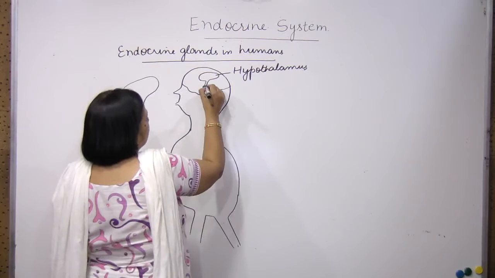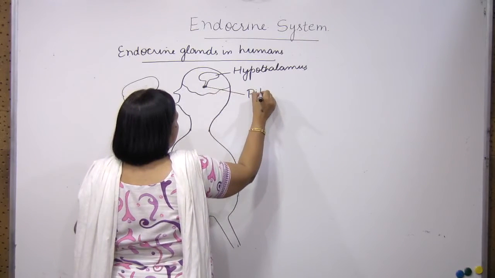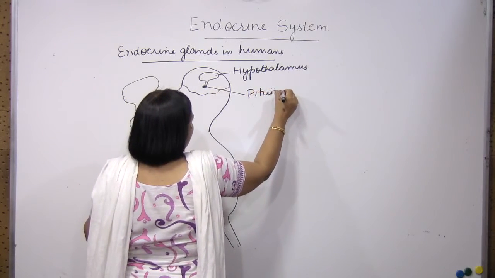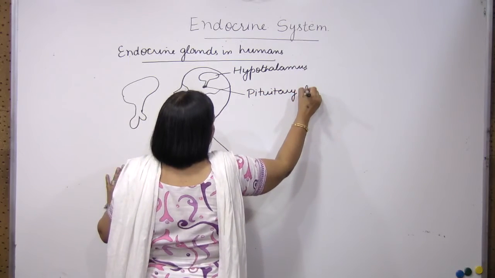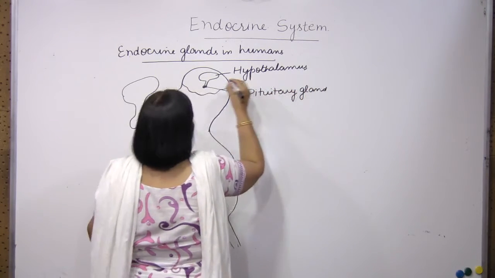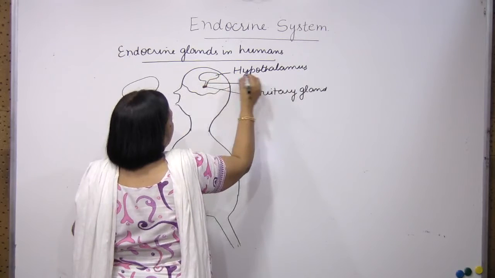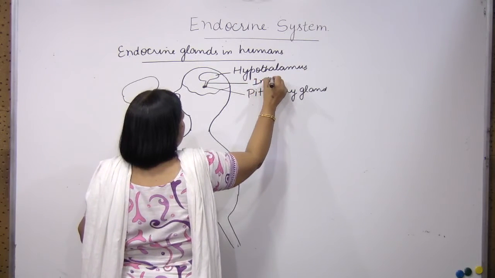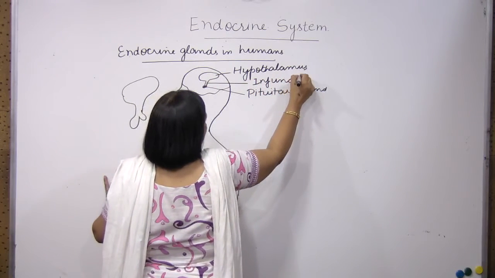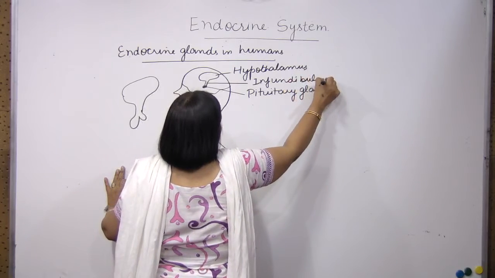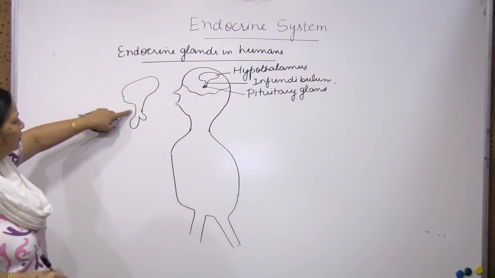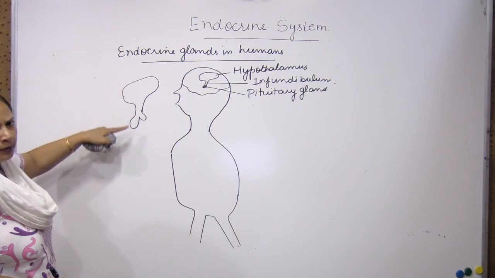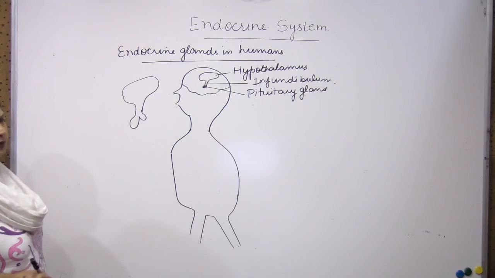This is a small stalk called infundibulum, which joins the hypothalamus with the pituitary gland.